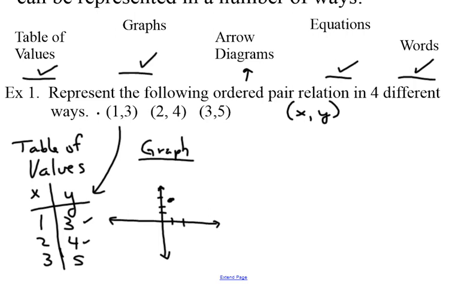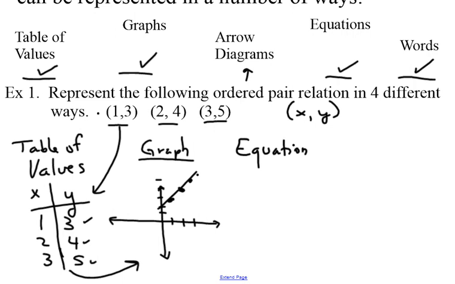And (3, 5), the third object in this set. There's the table of values also shown as a graph. So we can show the relation in a table of values or a graph. The next way is as an equation.